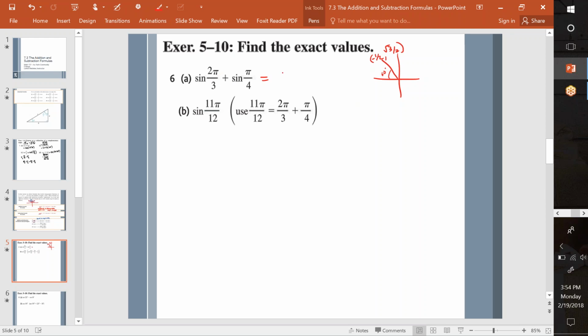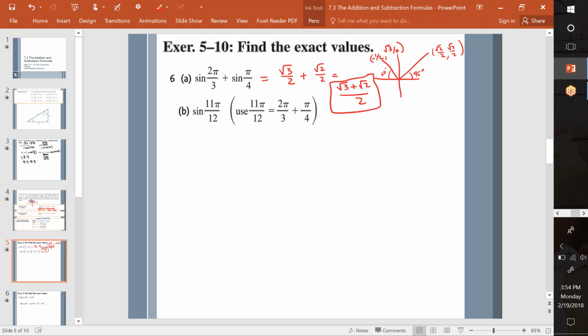So sine of 2 pi over 3 is square root of 3 over 2, and pi over 4 is right here. That's a 45-degree angle. That's square root of 2 over 2 and square root of 2 over 2 for the ordered pair. And that one, the sine is square root of 2 over 2. So this would be square root of 3 plus square root of 2 over 2 if we add it together.